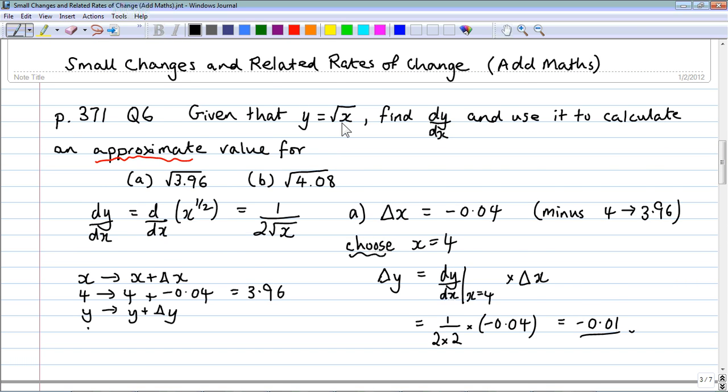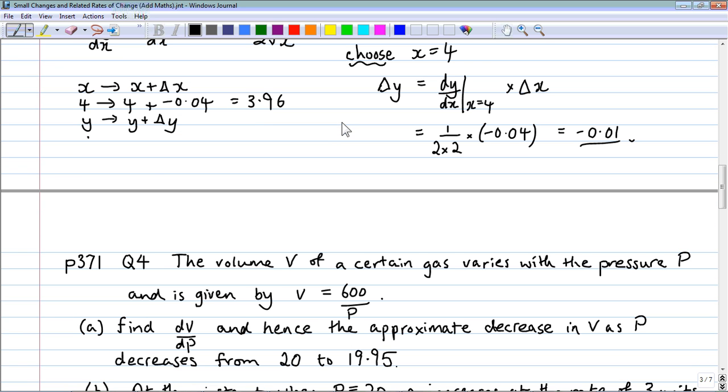Y was the square root of x, which is 2. So 2 goes to 2 plus minus 0.01. So the answer becomes 1.99. Now this answer should be given to some accuracy, well, we're not told, so that's good enough.